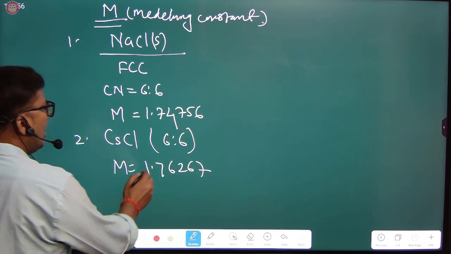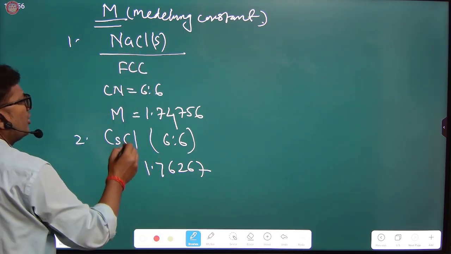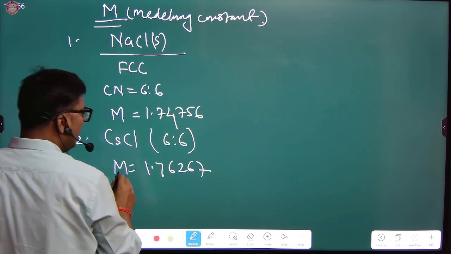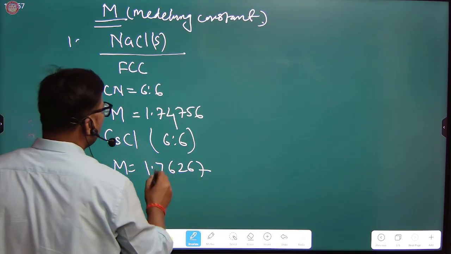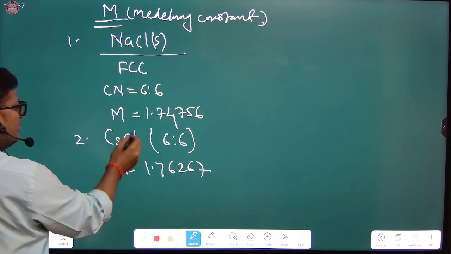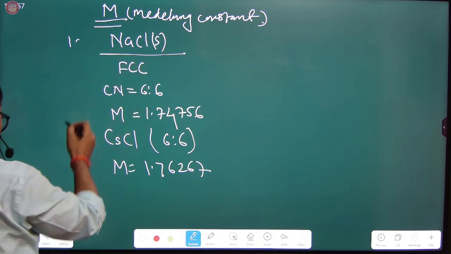So it is larger than that of sodium chloride. Here 1.74, here 1.76 order. So the Madelung constant for cesium chloride is higher in comparison to sodium chloride.